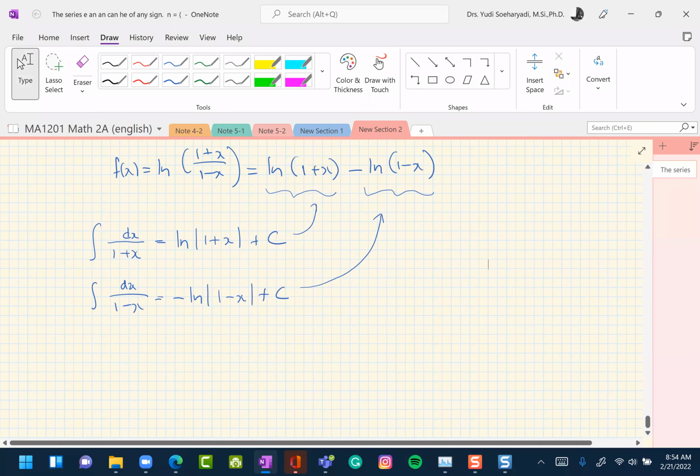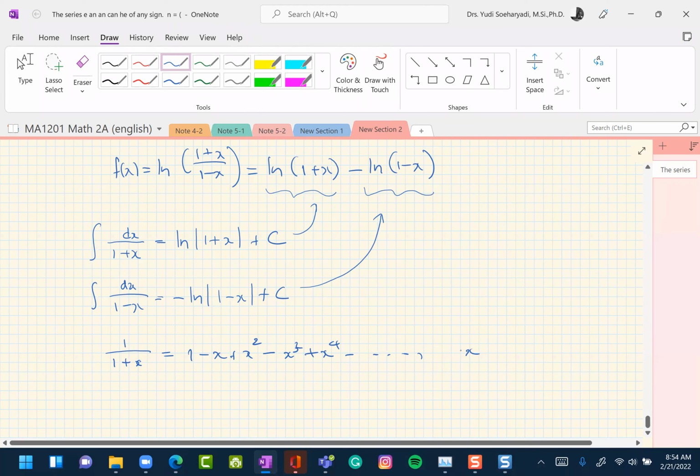Okay, so 1 over 1 plus x. Remember this one? So let me write this down. 1 minus x plus x squared minus x cubed.